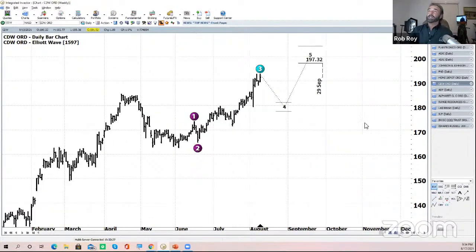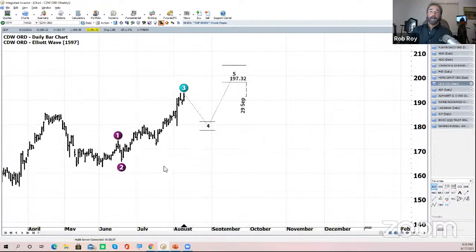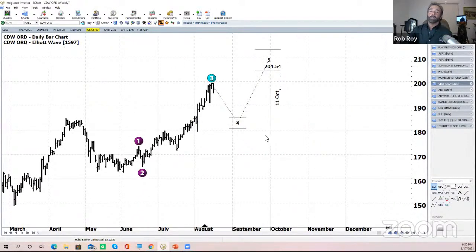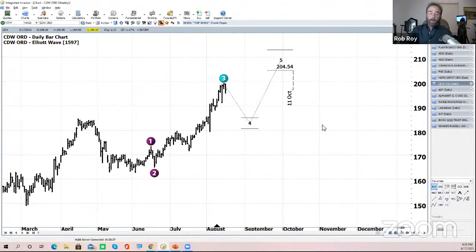So then we had CDW, and this is where we were last week. This is one we identified last week and moved nicely. Even in the face of what's happened the past couple of days, this one has continued to move to the upside. So it's up several dollars since last week. Probably not a position where you would look to take the profit yet, but it's profitable if you were following along with this one from last week.